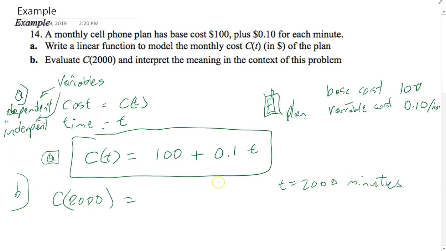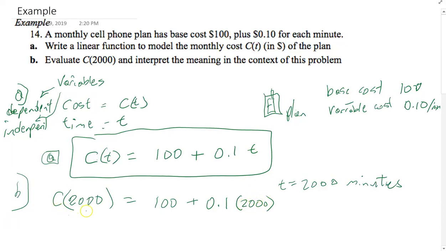We are going to plug this 2000 in wherever we see t in our equation. So that's 100 plus 0.1 times 2000, plugging in the 2000 for t.